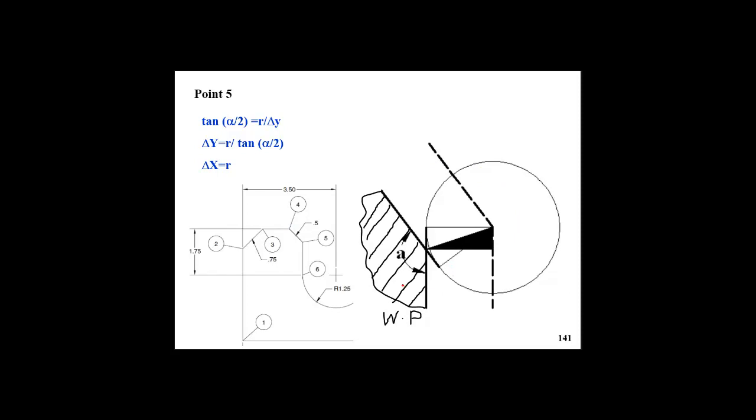For point number 5, this is how to deal with that point number 5. Again, this is a two-line shift, shifted by r, the cutter radius, and that line also shifted by the same amount, cutter radius r. So we get the intersection of these two lines, join that to the edge of the workpiece, and create that black right angle triangle. Make sure that the triangle you create includes both dx and dy.